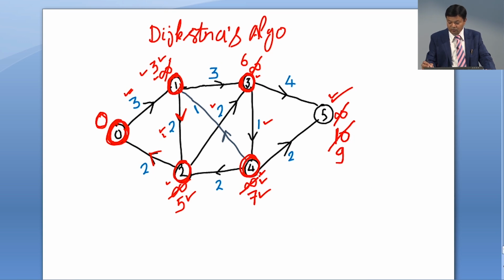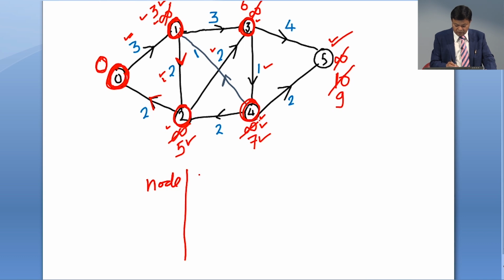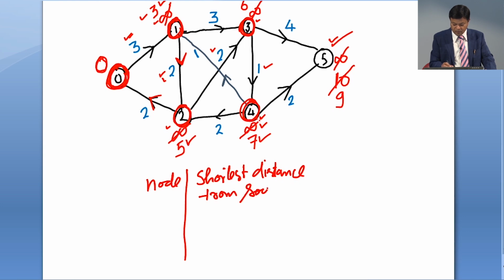Now what we can do, we can just draw a table. We'll be writing node and shortest distance from source node 0.